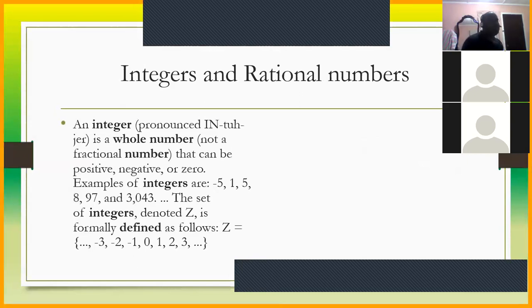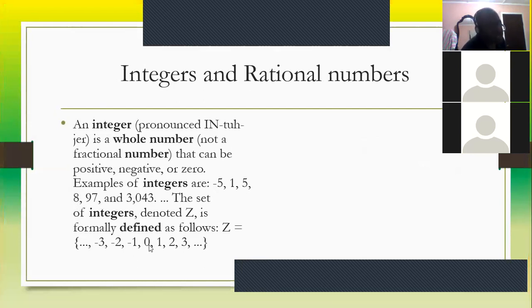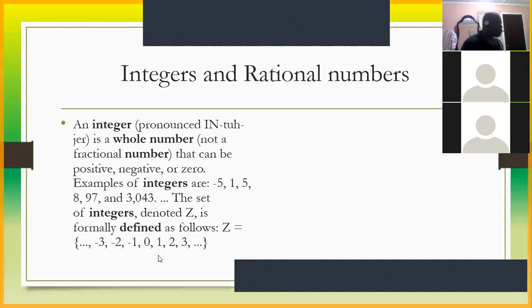Zero. So you can have negative 5, positive 1 and 5, you have 8, 97, and so forth. Like in this list right here, negative 3, negative 2, negative 1, then 0, 1, 2, and 3. So these are called integers, right? Right. Good.